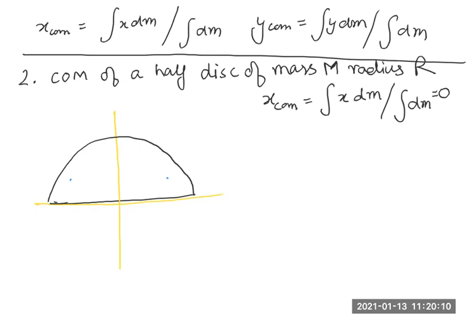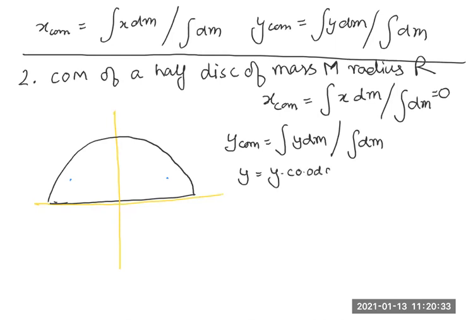Okay? Now we need to find the y coordinate of center of mass. To find the y coordinate of center of mass, what we are going to do is this. Y coordinate of center of mass is equal to integral y dm divided by integral dm, where y is equal to the y coordinate of the center of mass of the chosen element.